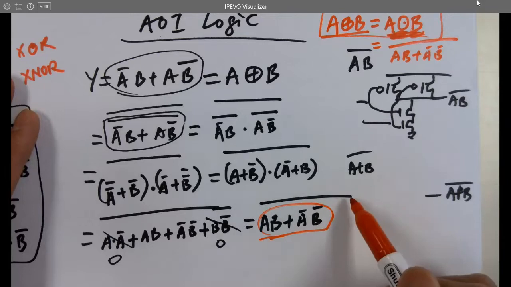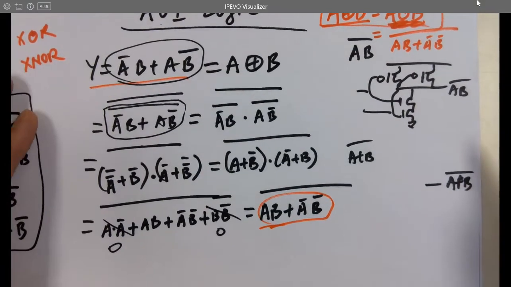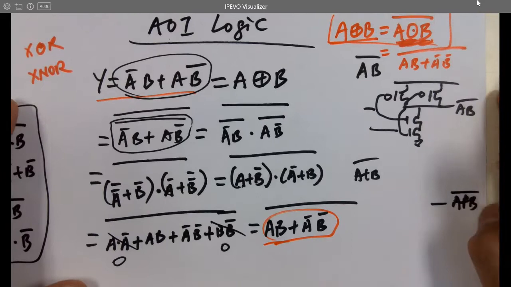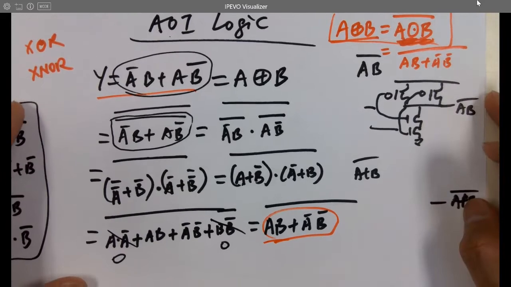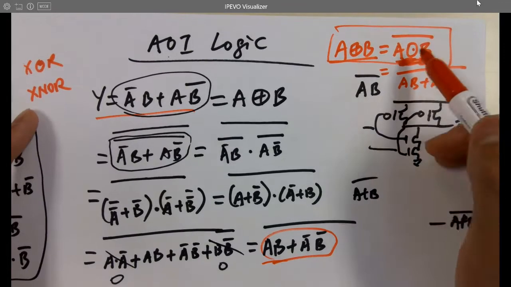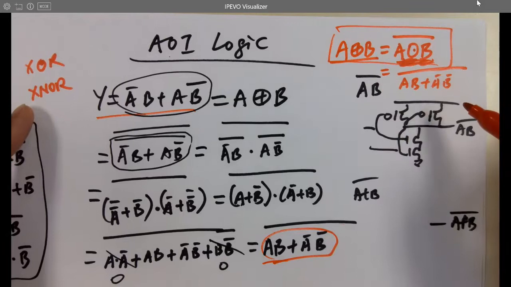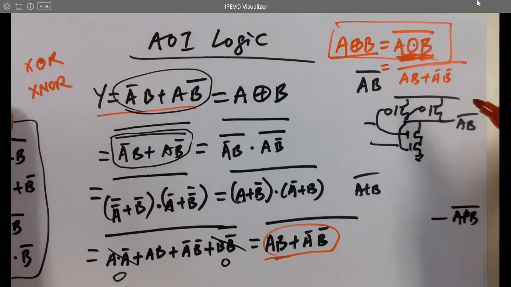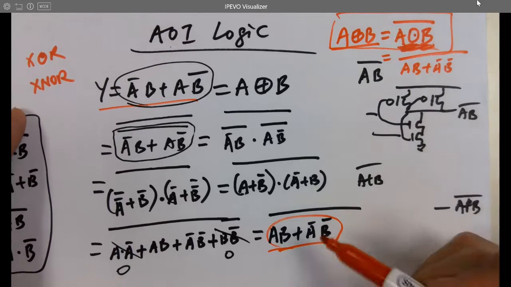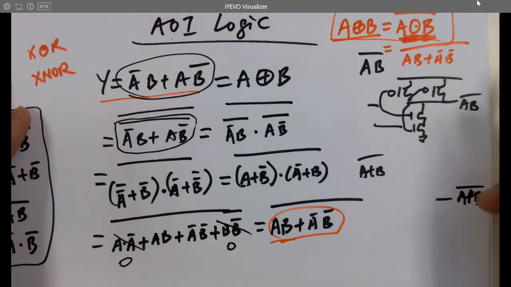Put a bar on the top and it equals the XOR logic. There's something you need to know, our fundamental logic knowledge here. But are we trying to prove that if you invert the XNOR logic, you get the XOR logic? What are we trying to do? Yep. And why do we get here? Why do we spend the time on this?